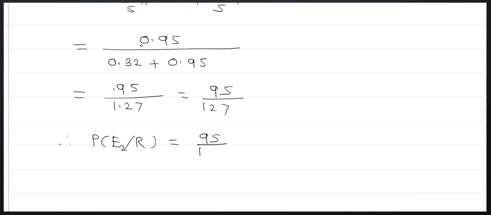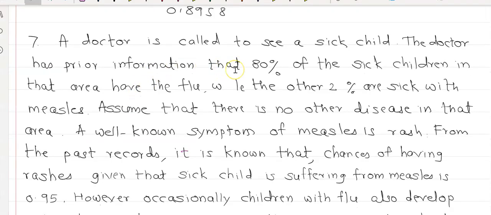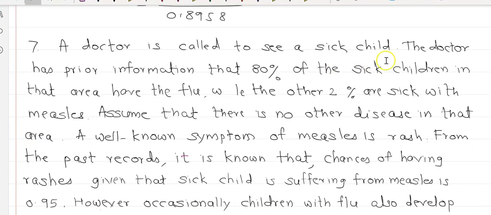That is the probability of E2 conditional R. A doctor is called to see a sick child. The doctor has a prior information that 80% of the sick children in that area have the flu, while the other 20% are sick with the measles.